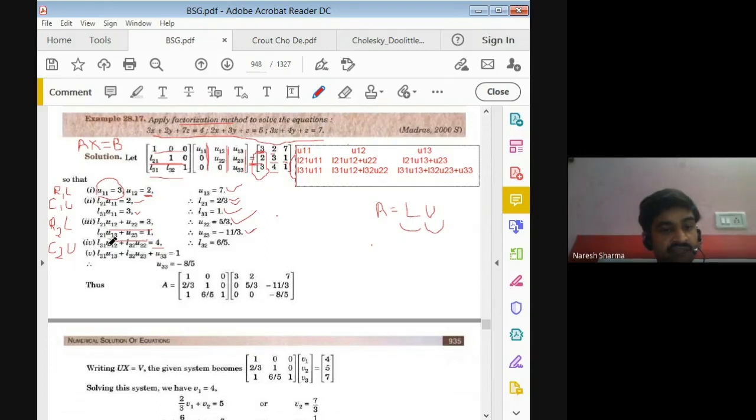Multiplied together, that gives 2. So on the right side, it is 4 minus 2, that is 2. Similarly, divided by U22, which is 5 by 3, L32 is 2 multiplied by 3 by 5, which gives 6 by 5. Now lastly, you use your third row.